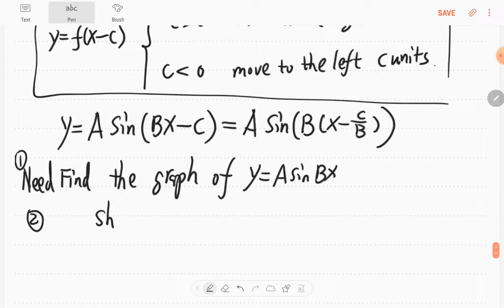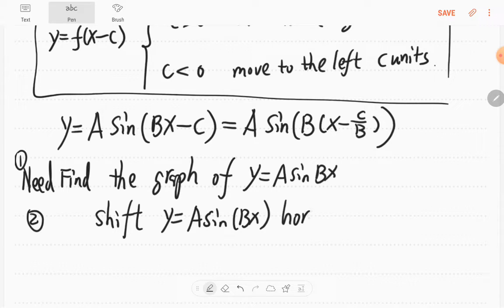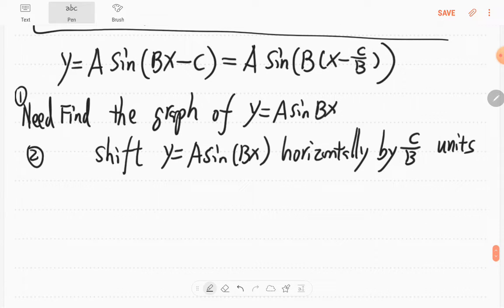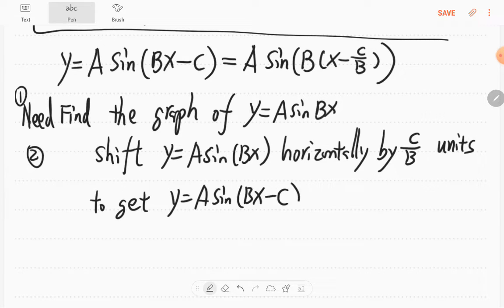Then the second thing, we shift y equals a times sine bx horizontally by c over b units, to get y equals a times sine bx minus c.